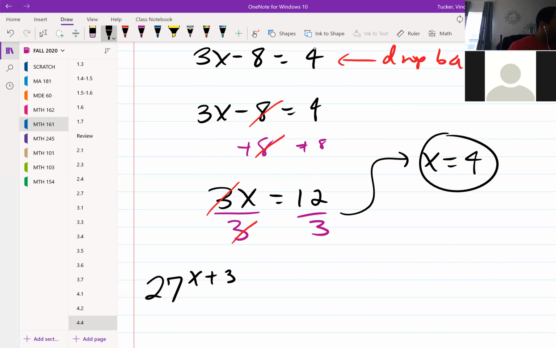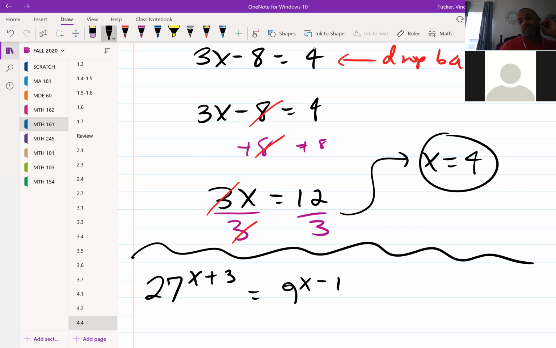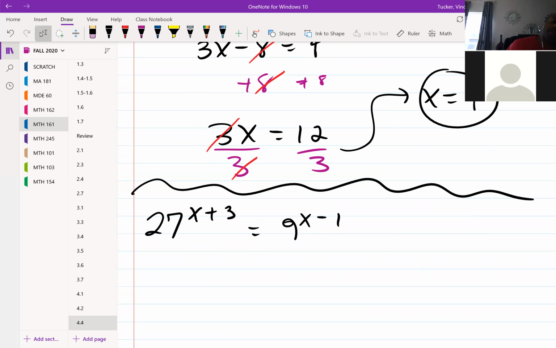A lot of these problems in this section, there will be more than one way to solve them. And this is just one method that we're looking at. But either way, you still should get the same answer. So now in this case, we notice we have a 27 and a 9. And I cannot write either one of them as the other.